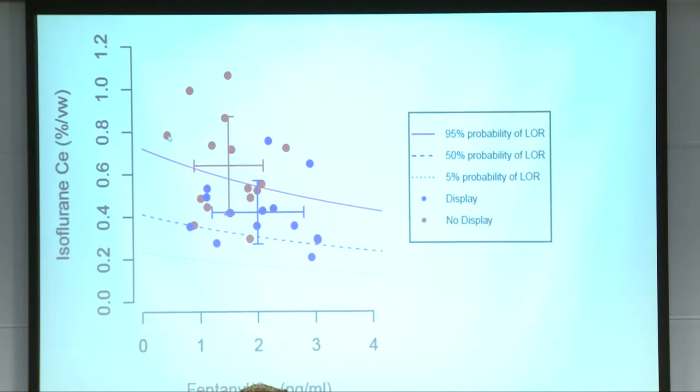So you see that the total effect site concentrations at the end of the procedure for those anesthesiologists and residents who used the drug display were shifted to the left and higher than those who used the pharmacodynamic display. These are the probability of response: 95% probability of loss of consciousness, loss of response, conscious response, 50% probability.